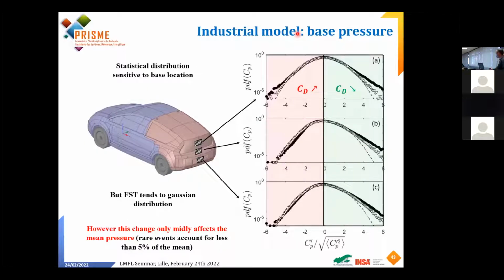If we now look, and I will finish with this slide, at different positions, we see pretty much the same effects. So we still have these exponential tails that we have for the no free stream turbulence conditions. And what's happening when I introduce turbulence inflow is that I will decrease mostly this one.